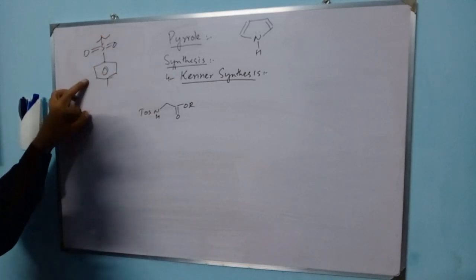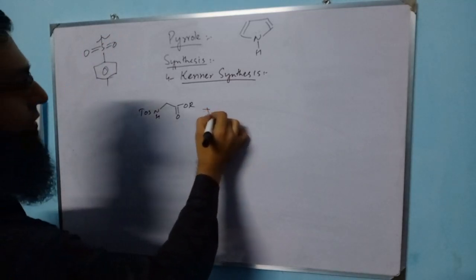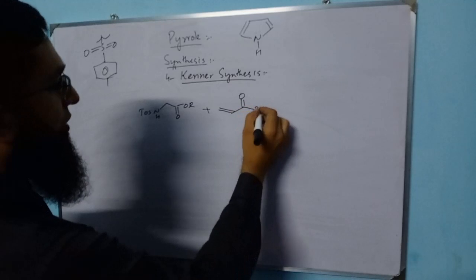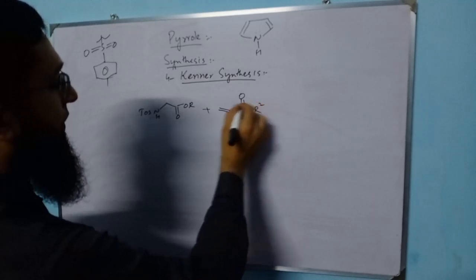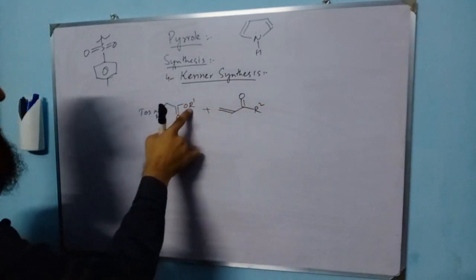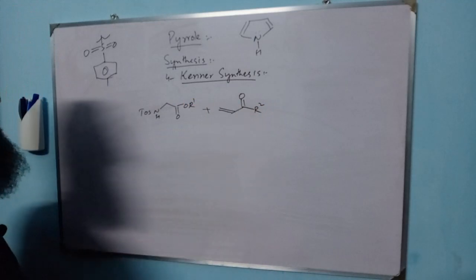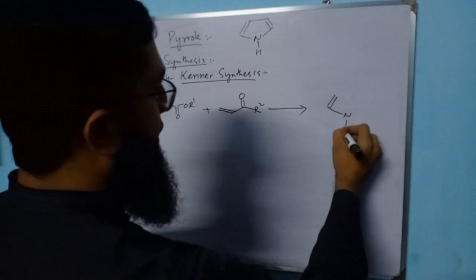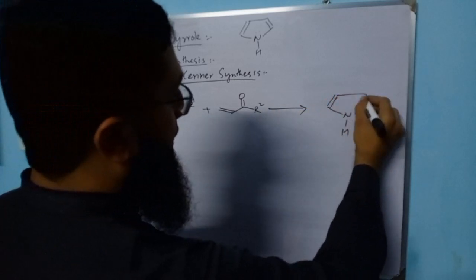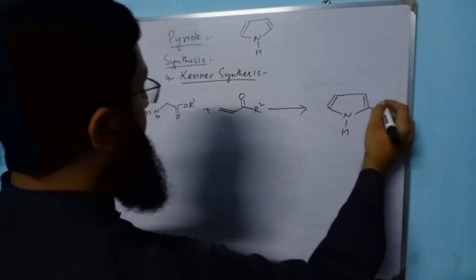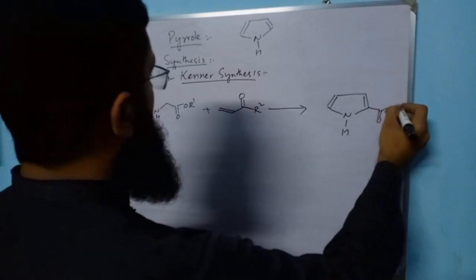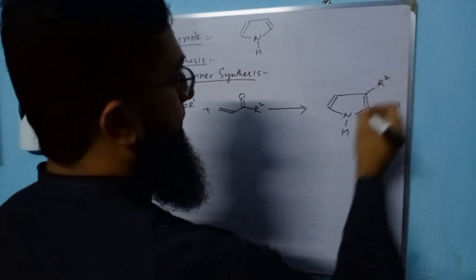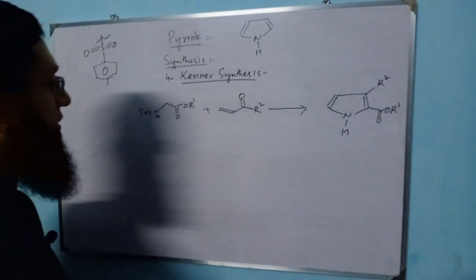This group is used, and this is allowed to react with alpha beta unsaturated ketone. It can be R1, it can be R2, and we get pyrrole derivatives as a result. This pyrrole derivative. Now we see the mechanism.